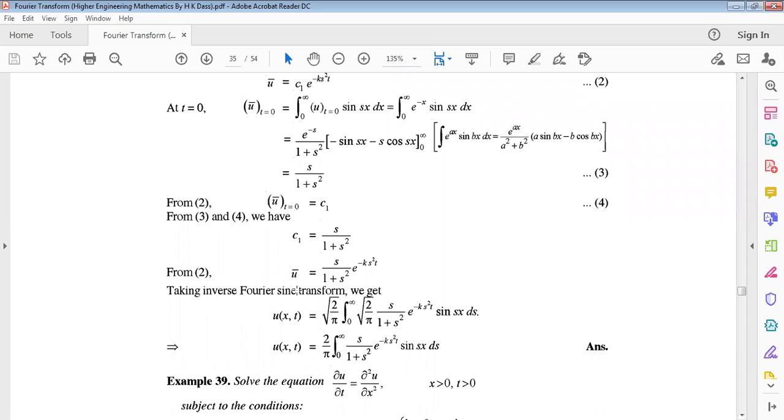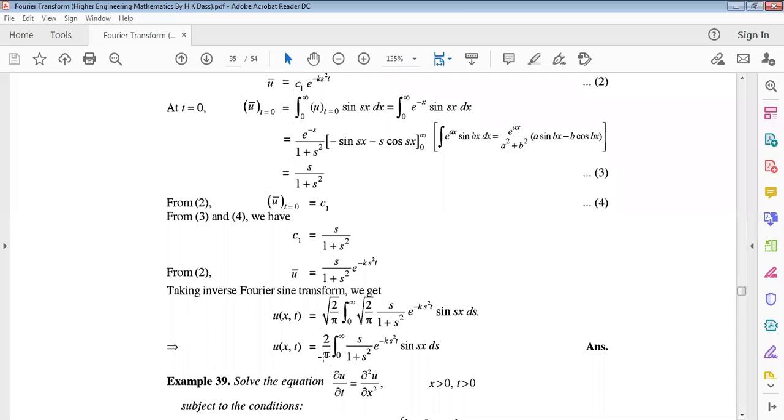Now taking the inverse Fourier transform we get u(x,t). The inverse Fourier transform u(x,t) equals root over 2 by pi, integral from 0 to infinity of f of u, this function, sin sx ds. Now u(x,t) equals 2 by pi, root over 2 by pi twice, so the square and square root cancel.